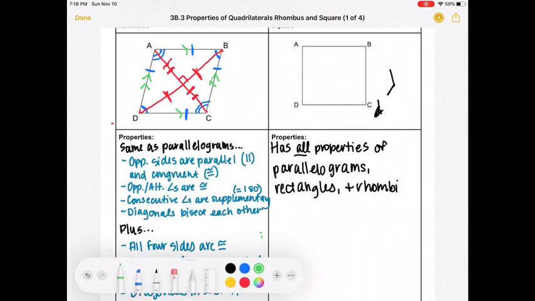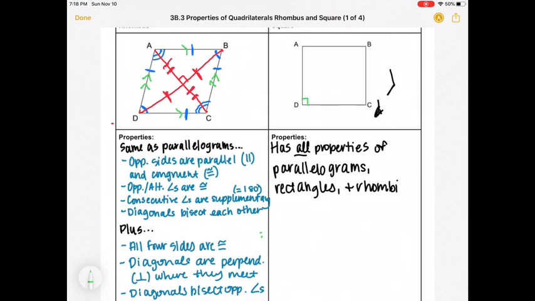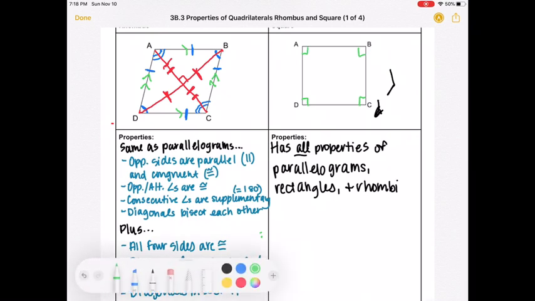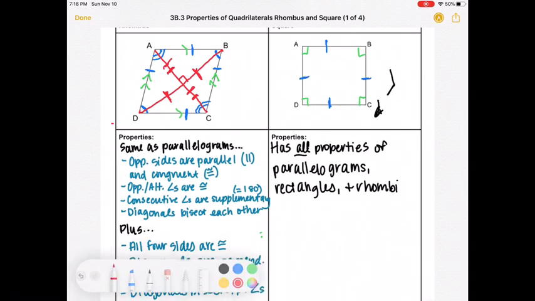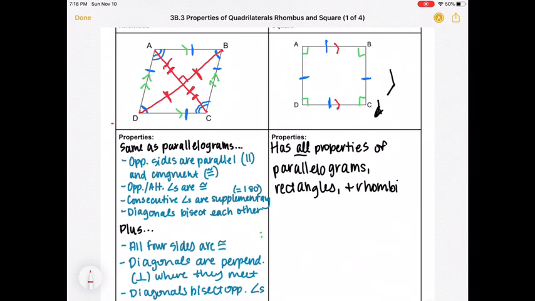Okay, on to the square. So the first thing we all know is that they are all four right angles. All the sides are the same. Opposite sides are parallel.